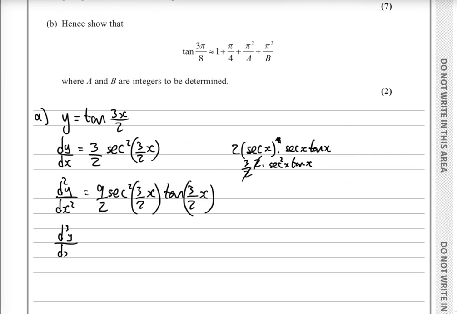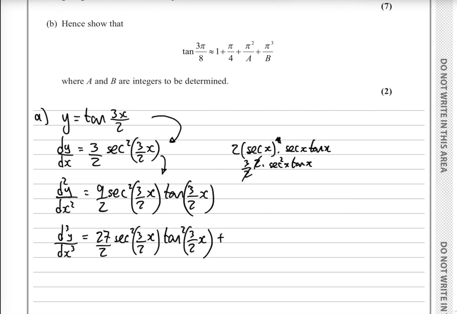Now we need to apply the product rule, and we've got tan on the right, and we already did that up here, so we've got that, and we've got secant squared on the left, and we did that here. So what happened there, if we differentiate our secant squared, is that a 3 multiplier came out the front, so that's 27 over 2, secant squared 3 over 2x, and a tan came into play, but there's already a tan there, so let me call that tan squared.